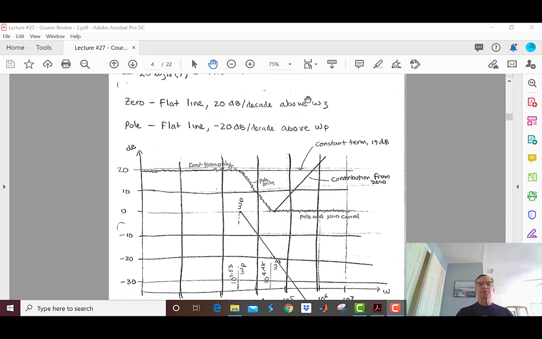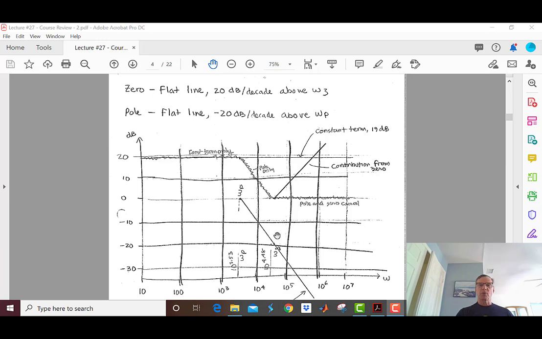So here it is, 0 dB, and then I hit omega z, which was about 4.5, good enough for me, and it goes up at 20 dB per decade.